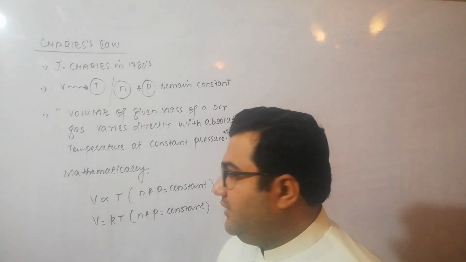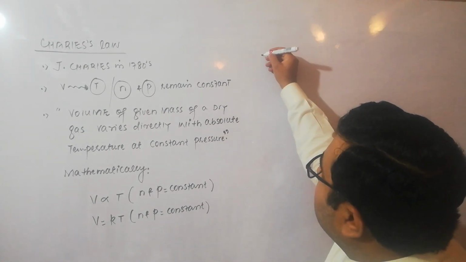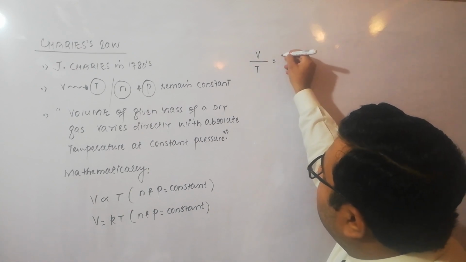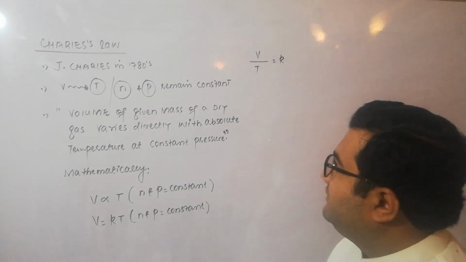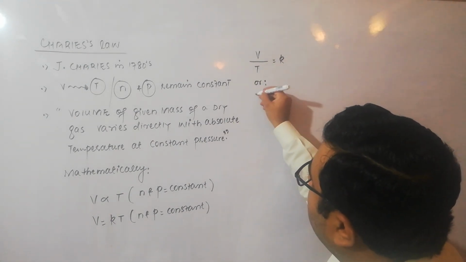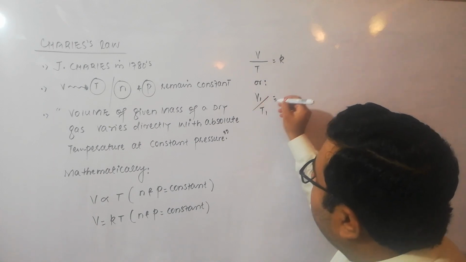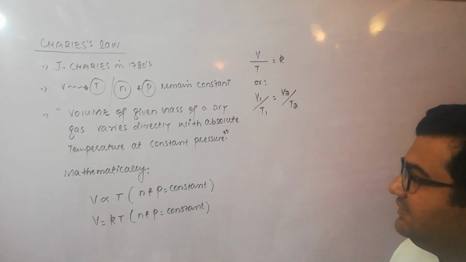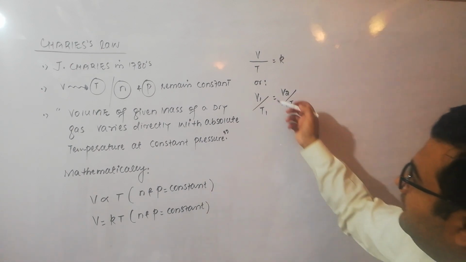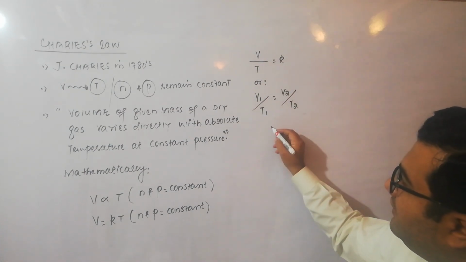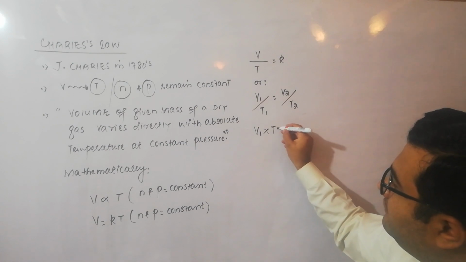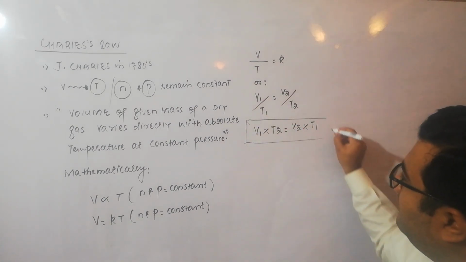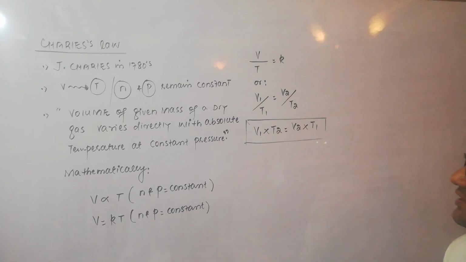K is the proportionality constant, or we can say it is the ratio between the volume of the given mass of a gas and absolute temperature, which remains constant if the quantity and pressure are constant, or the ratio between initial volume and initial absolute temperature is equal to the ratio between final volume and final absolute temperature of the gas. The conditions are the same. This one is a very important form, and it can also be rearranged as V1 into T2 is equal to V2 multiplied by T1. So these are the different mathematical forms of Charles's law.